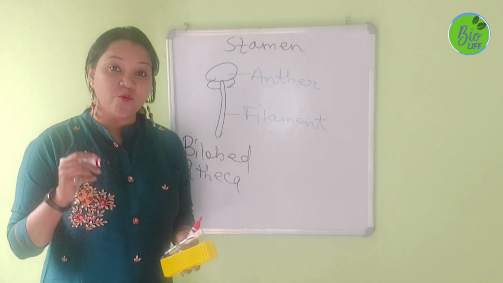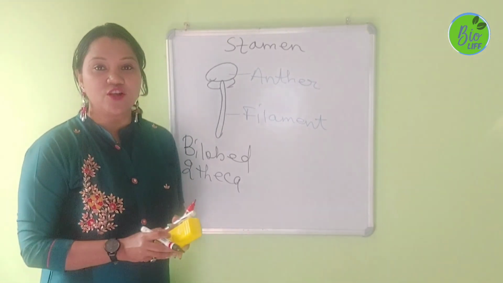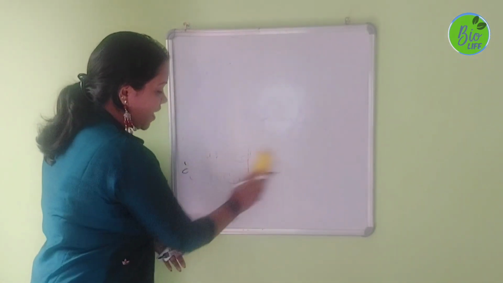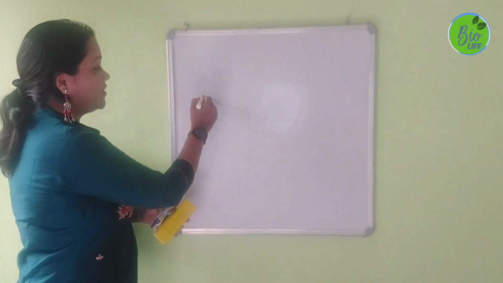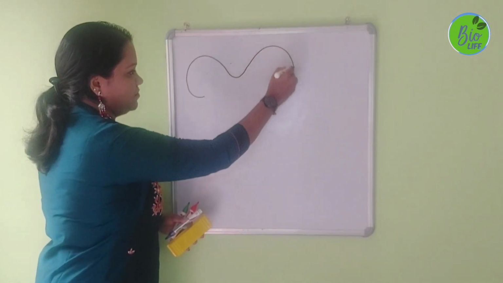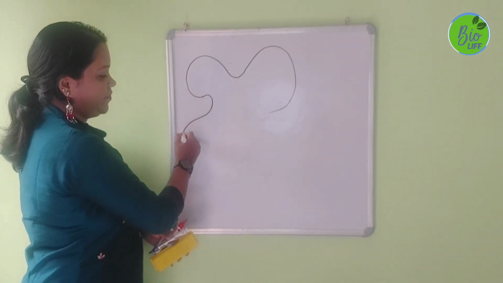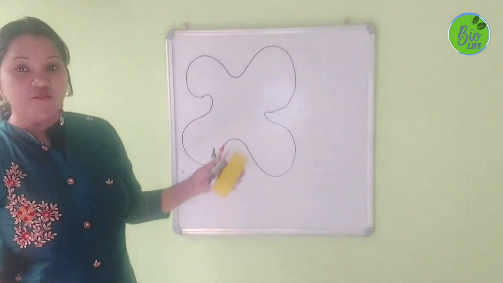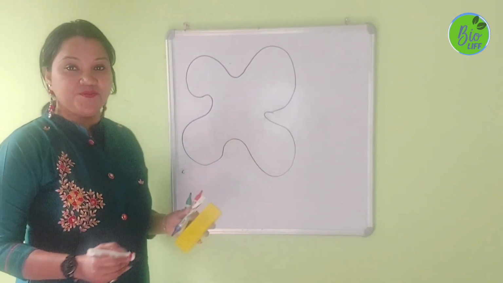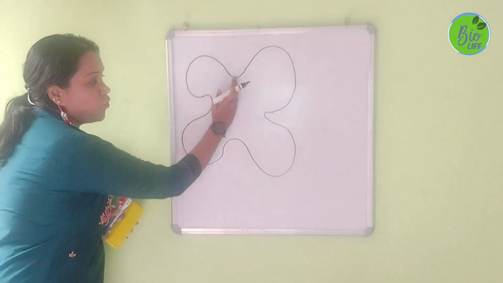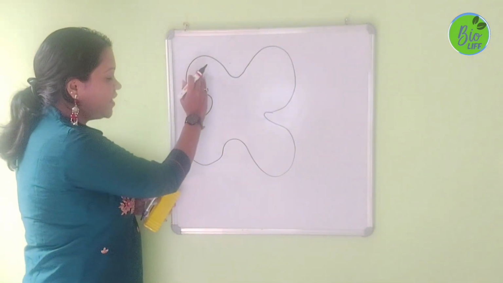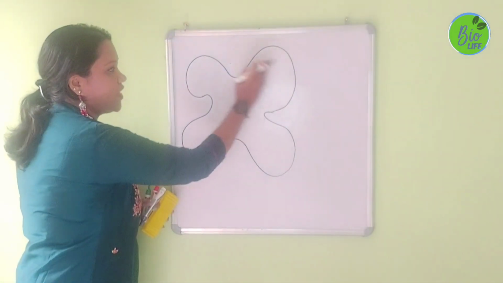So let us understand what is theca and what is the structure of anther. The structure of anther is like this. Here this is one lobe, this is another lobe, and each lobe consists of two theca.